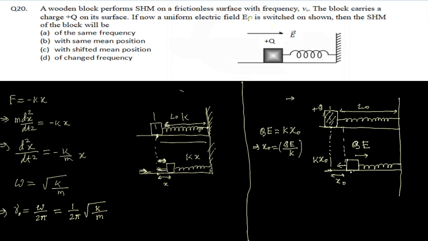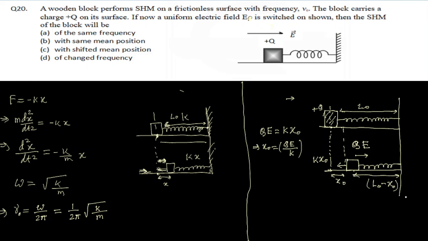At this position, the net force on the block will be 0. So now this distance is no more L0, it will be L0 minus x0. That means we can say that the equilibrium position of the block is shifted by the distance QE divided by K, where K is the spring constant.